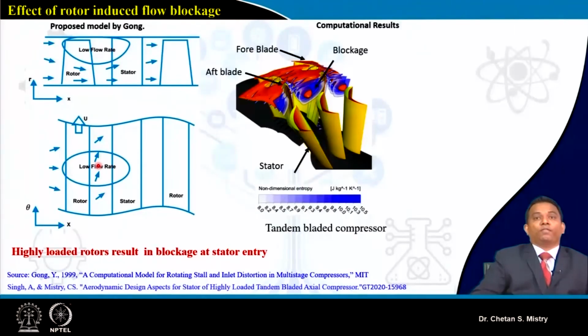So if you look here, this is our work that has been reported. This is my tandem bladed rotor configuration. It is very interesting. In the earlier case, we were considering tip leakage flow coming from only a single rotor. Here in this case, my tip leakage flow is coming from two rotors. This is my rotor 1 and this is my rotor 2.